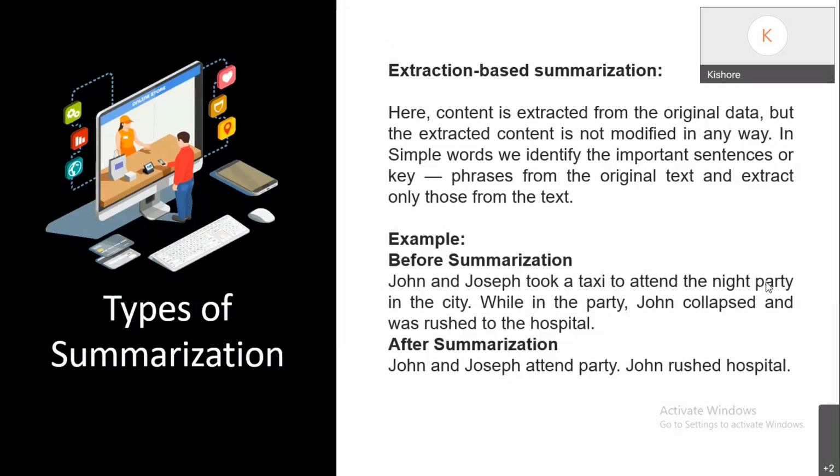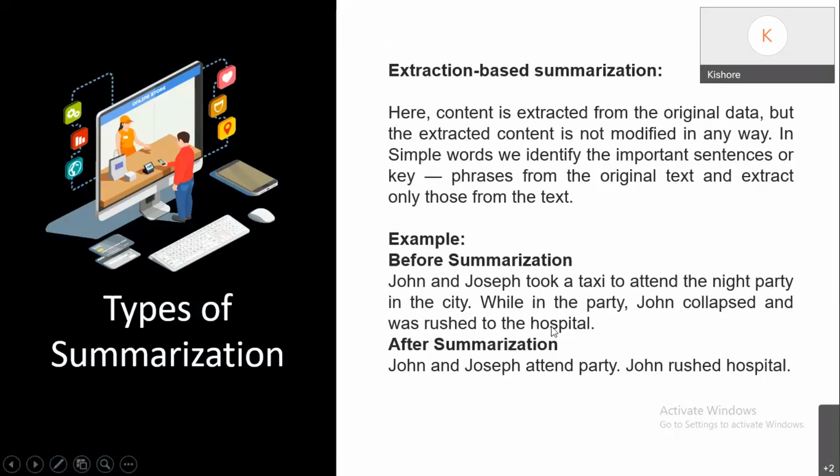While in the party, John collapsed, like unconscious or fainted, whatever it may be, and was rushed to the hospital. Look at how extraction based summarization is transforming your original text into summarized text.